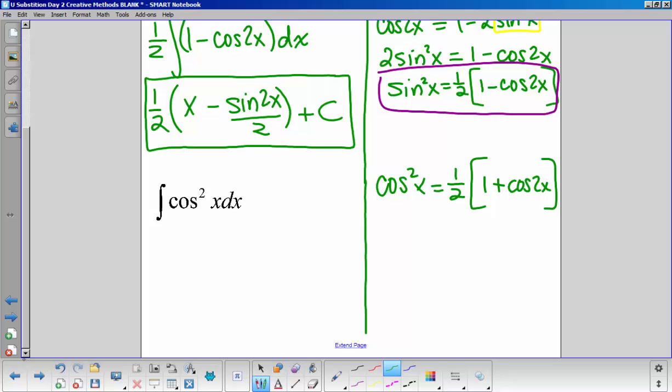All right, so we're going to replace this cosine squared x with 1/2 the integral of 1 plus cosine 2x dx.